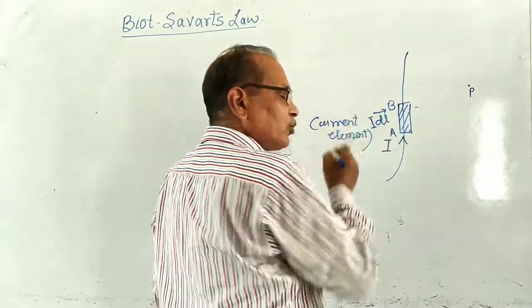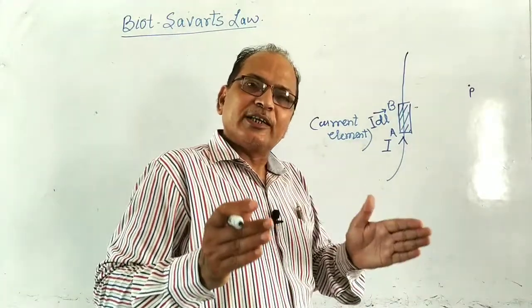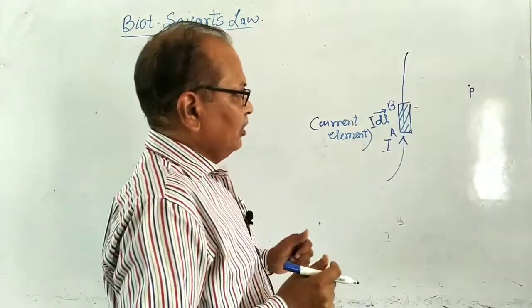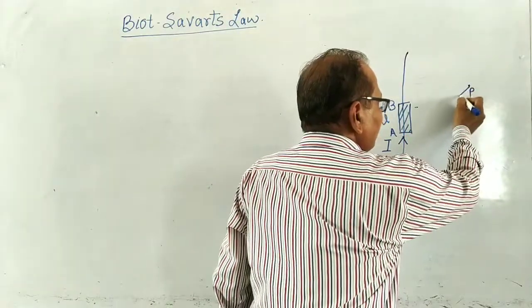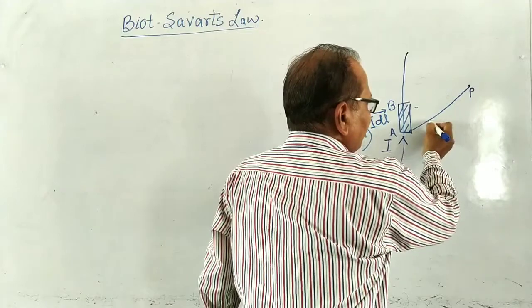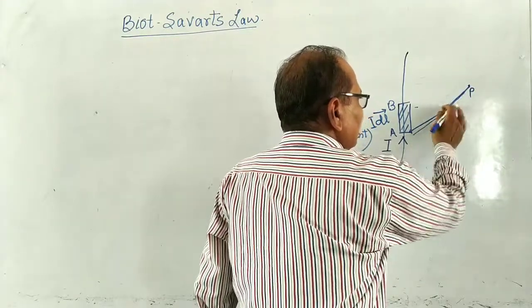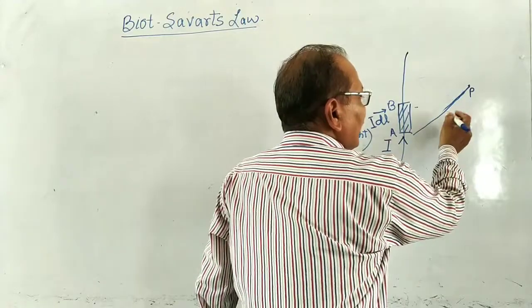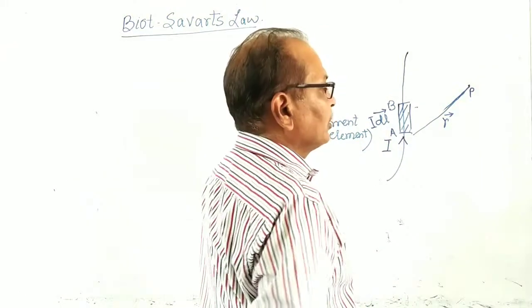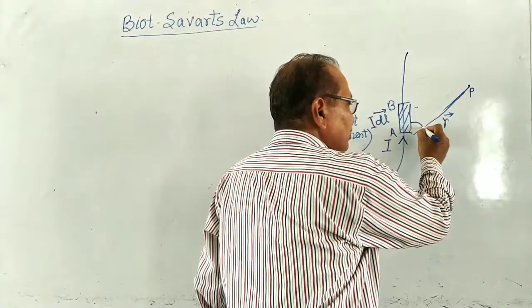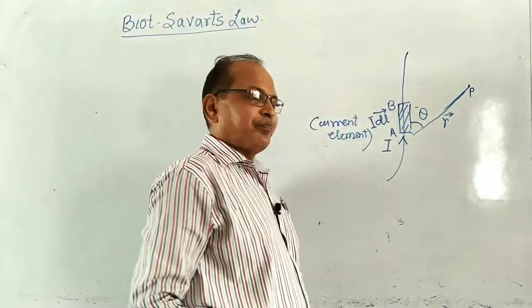It is a vector quantity and the direction of the current element is along the direction of the current. This is a displacement vector, represented by the r vector, and this displacement vector makes an angle theta with the current element.